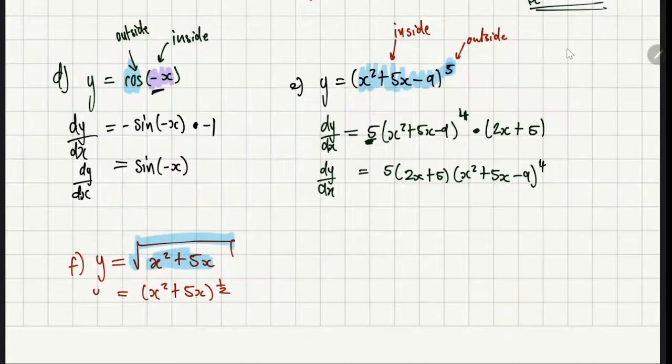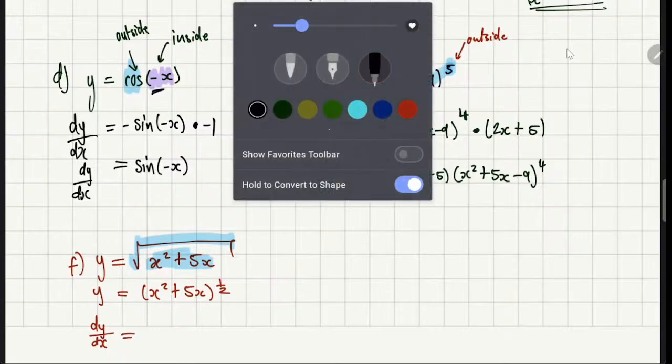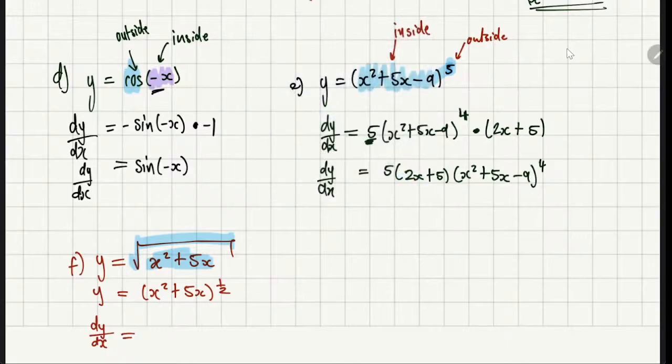This is still y. Now we want dy dx. Now we want the derivative. And because it is a composite function, we use the chain rule. You should identify your outside and your inside. Chain rule says differentiate the outside without changing the inside. So let's differentiate the outside.